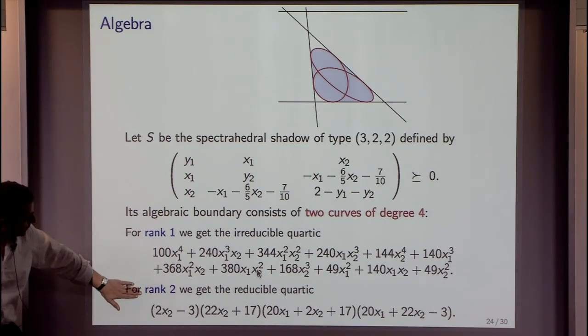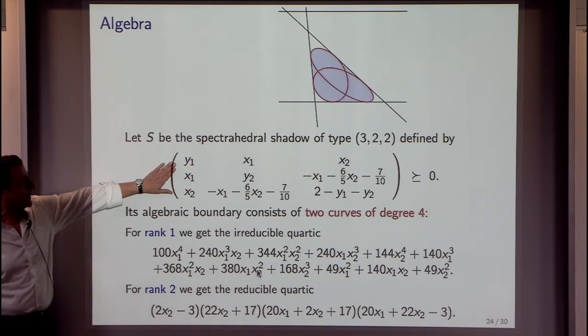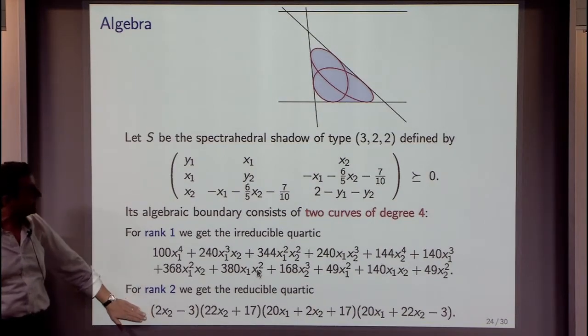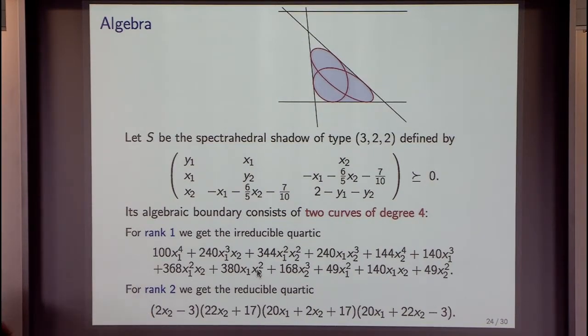If you look at the rank 2 locus, so if you take the 3 by 3 determinant and project it down, it ramifies along 4 lines, and those are the 4 lines that you see. In this particular choice, only 3 contribute to the actual boundary of the spectrahedral shadow.